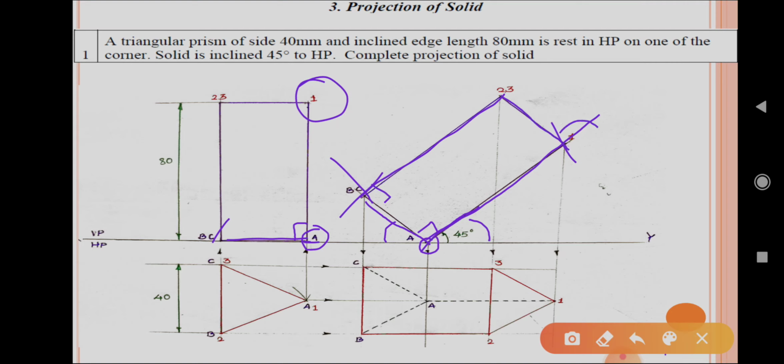So top surface, that is a present 1 here, 2 and 3 at this corner, and BC at this corner. Same view we can incline, or solid we can incline at 45 degree to HP, horizontal plane.